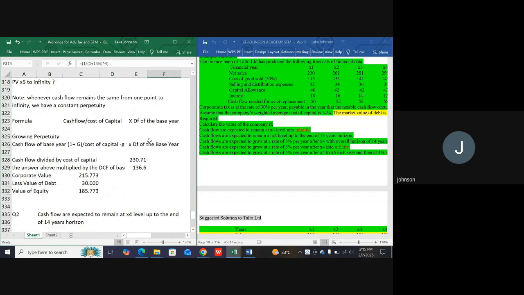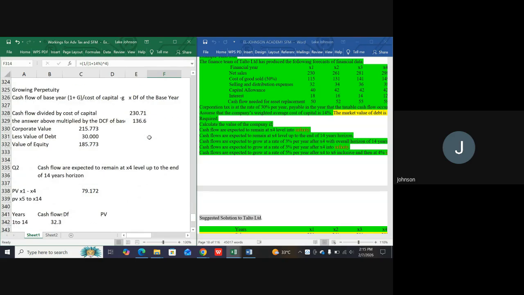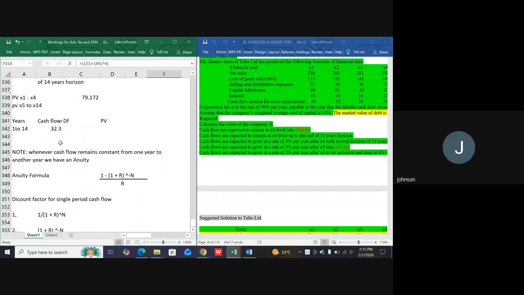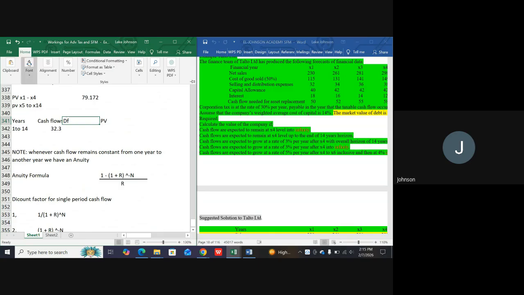So when you have an annuity, you are also trying to get a discount factor to discount what we have.